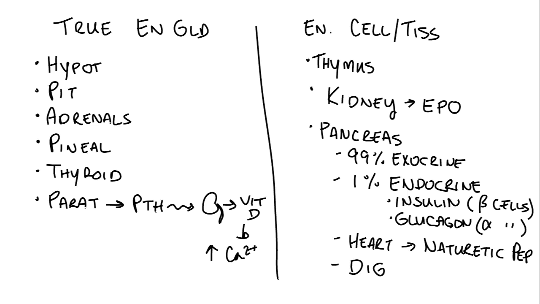There are other ones, many other ones. The gonads. So your testes and ovaries, they make testosterone, and inhibin, which are androgens. Your ovaries make estrogen and progesterone. They also make inhibin. Okay, I think I've touched on all of those.